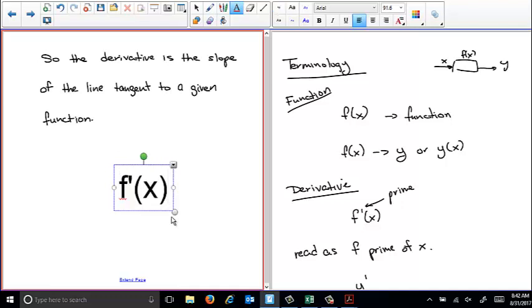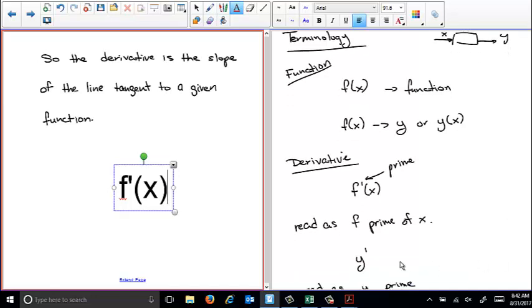So it's not a 1, it's a little prime. And that's read f prime of x. This is f of x. This is f prime of x. When you hear the prime, that means that's the derivative of the function. That's the slope of the tangent line to that function.